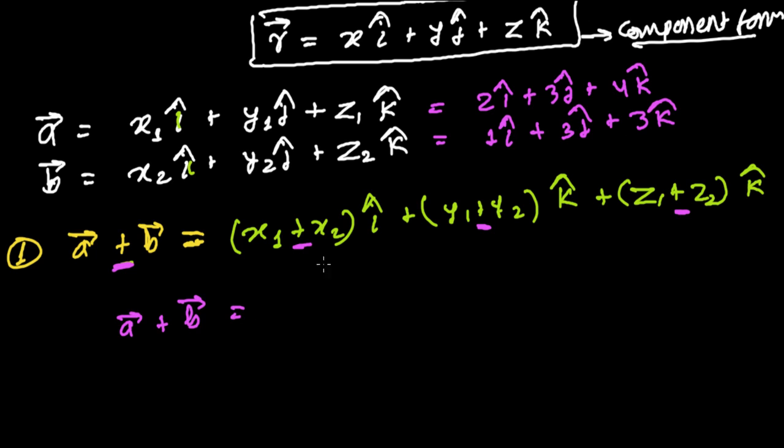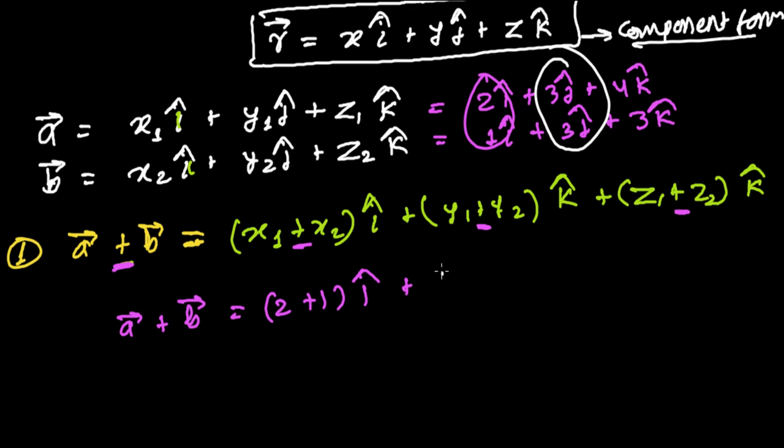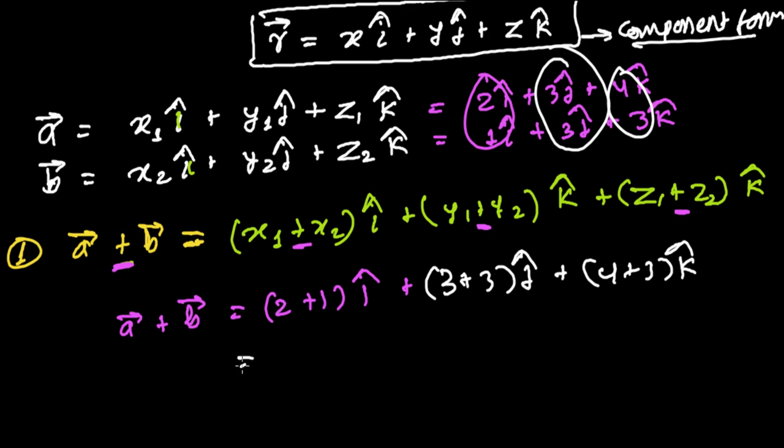That time it will be 2 plus 1 i, because these are similar i. Next you add 3j plus 3j, it will be 3 plus 3 j cap, and here this is 4 plus 3, 7 you can directly write, but I'm just showing you 4 plus 3 k. So a plus b vector will be 3 i cap plus 6 j cap plus 7 k cap.